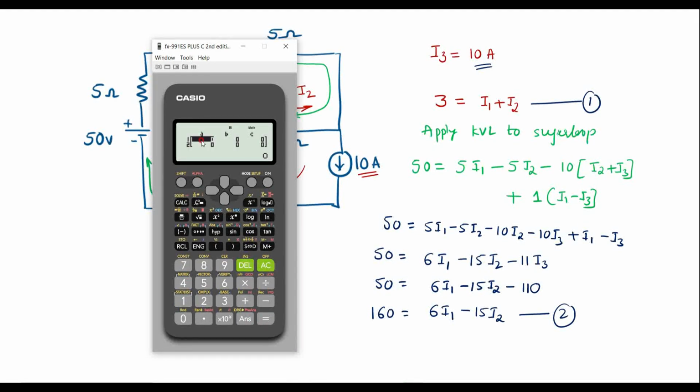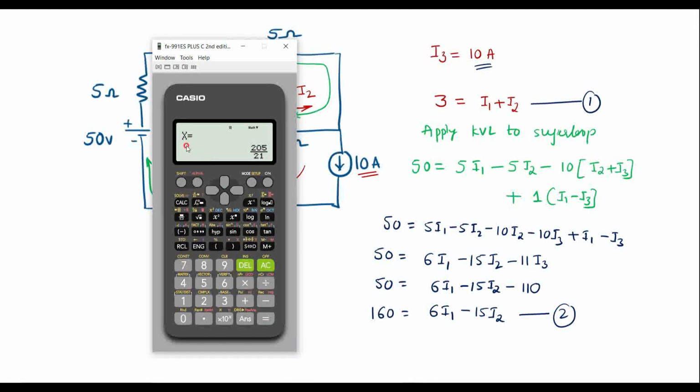Now feed the values. A is the coefficient of I1, that is 1, B is the coefficient of I2, that is also 1, and C is this value 3. Now feed the second row values: coefficient of I1 is 6, then minus 15, then 160. Now press equal once again.